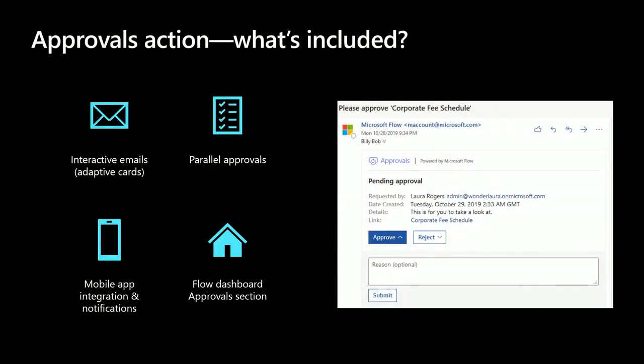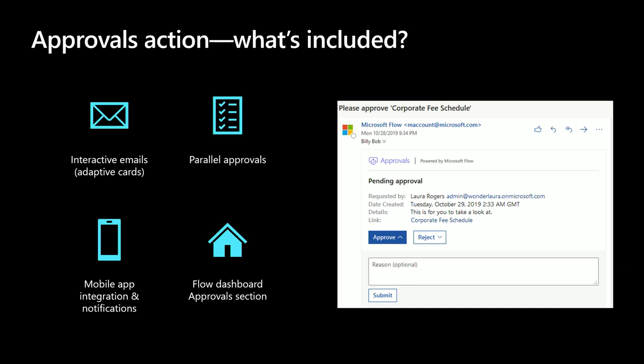And so what's included in this out-of-the-box approval? The request sign-off action, our approval flow, uses an action in Power Automate called approvals. And so this one action is what's behind the scenes for this whole approval concept.